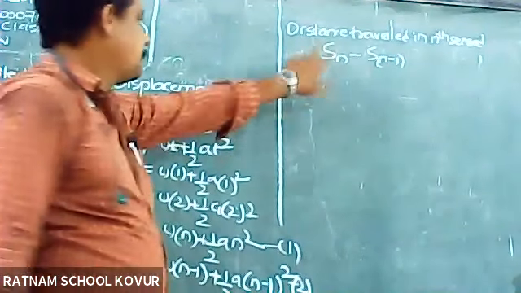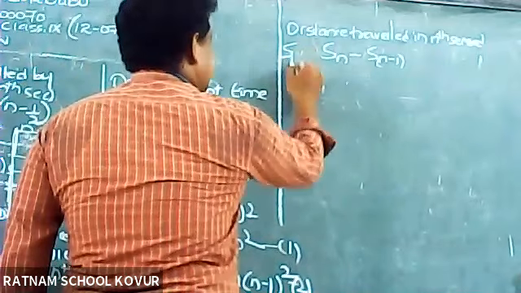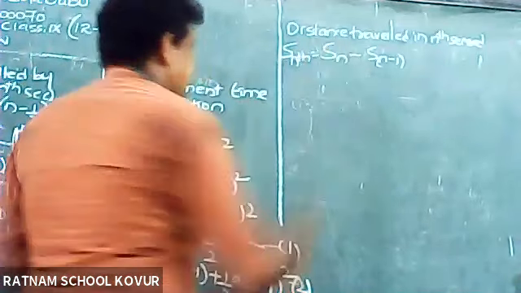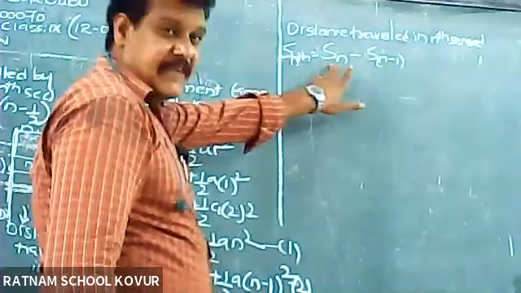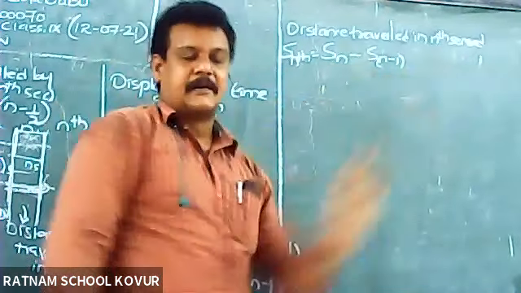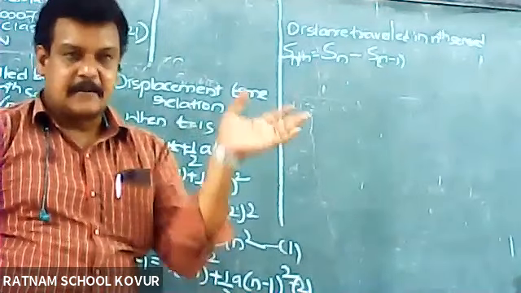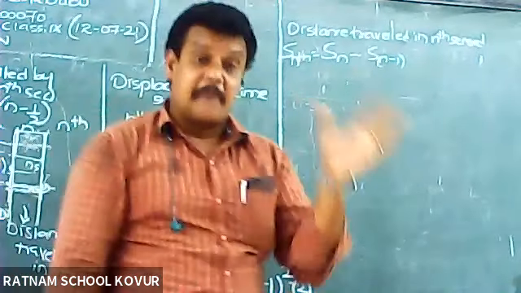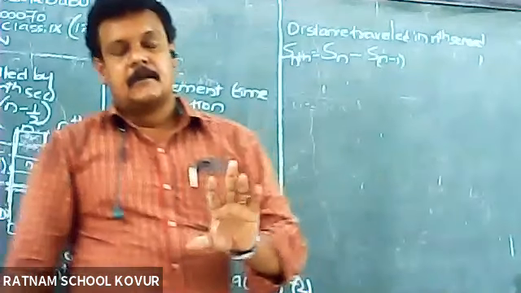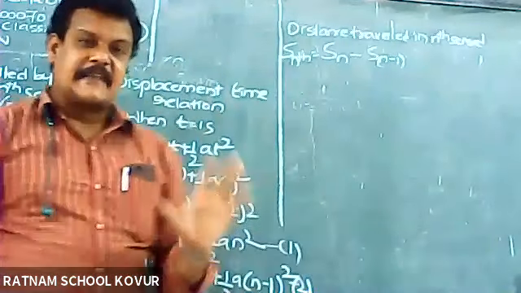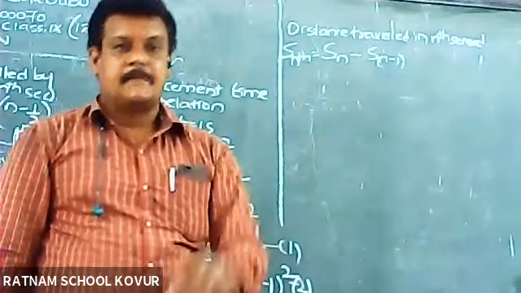So Sn, what is this? S nth is different from Sn and Sn minus 1. Sn means displacement for n seconds. Sn minus 1 means displacement for n minus 1 seconds. And S nth means distance travelled by the body in the nth second.